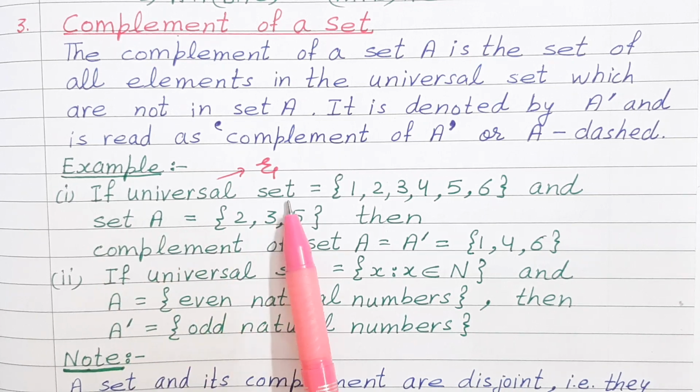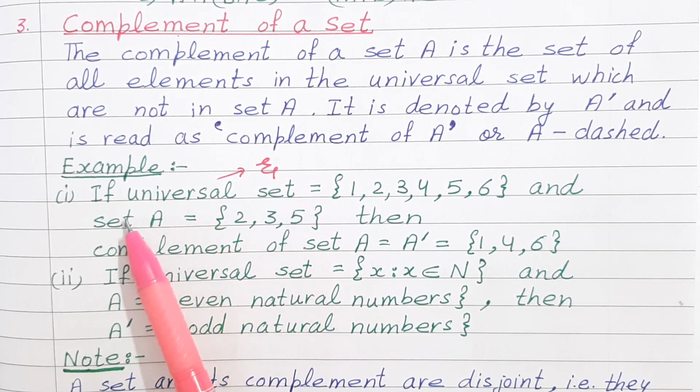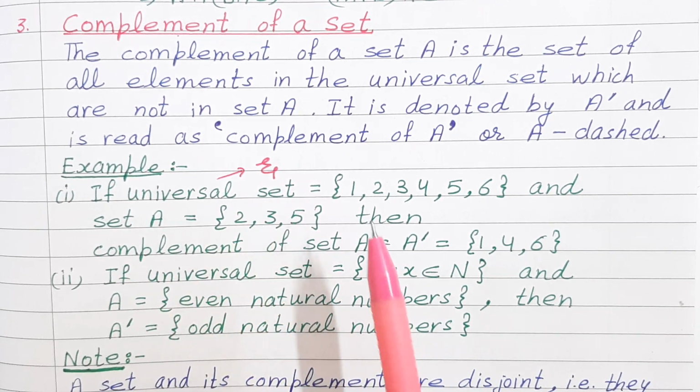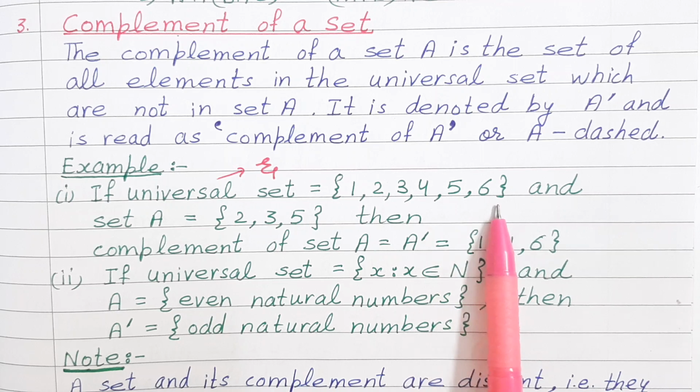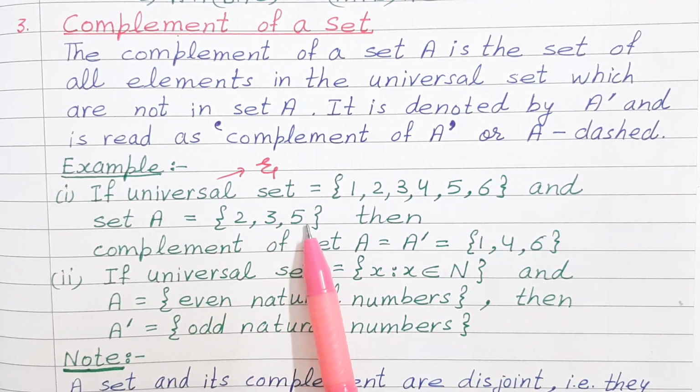If universal set. Now children, you must be knowing that universal set is represented by the letter Xi, which is again a Greek letter, right? Where the universal set is {1, 2, 3, 4, 5, 6} and set A is {2, 3, 5}.